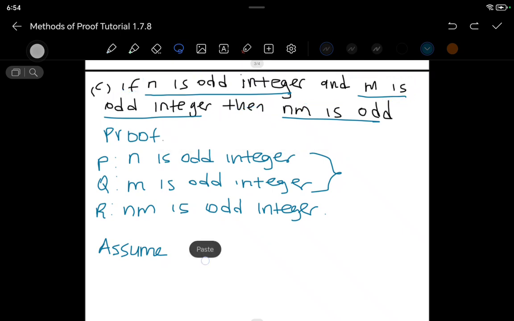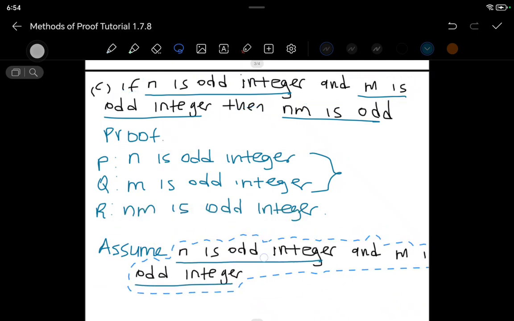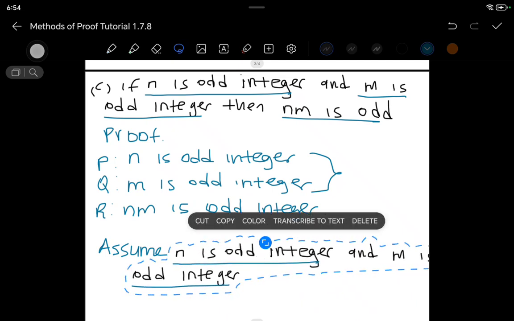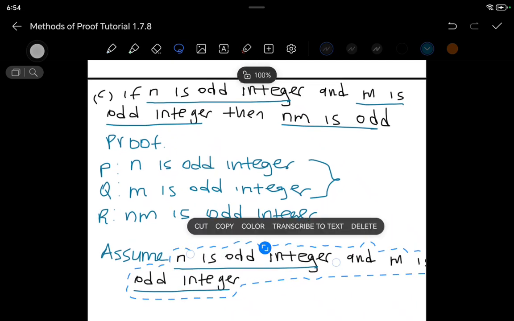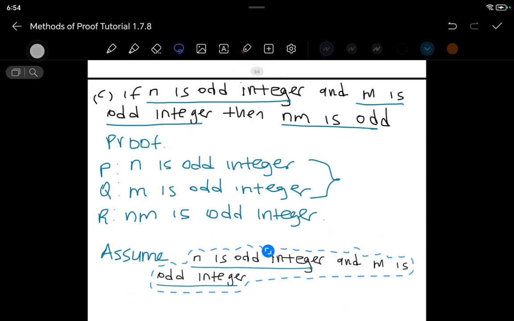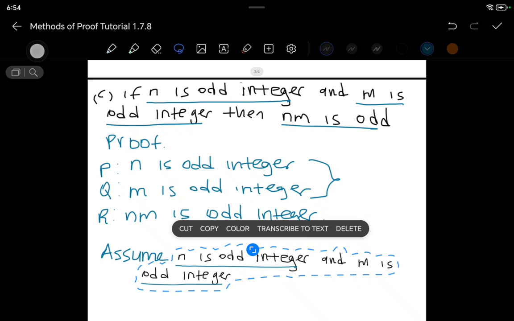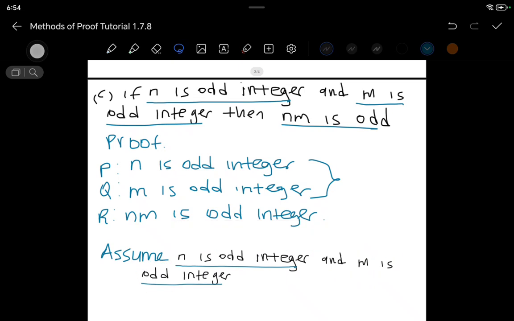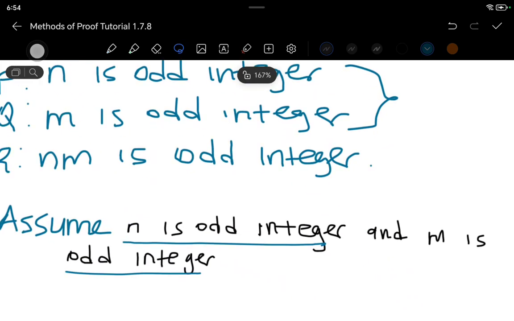I assume n is odd integer and m is odd integer.